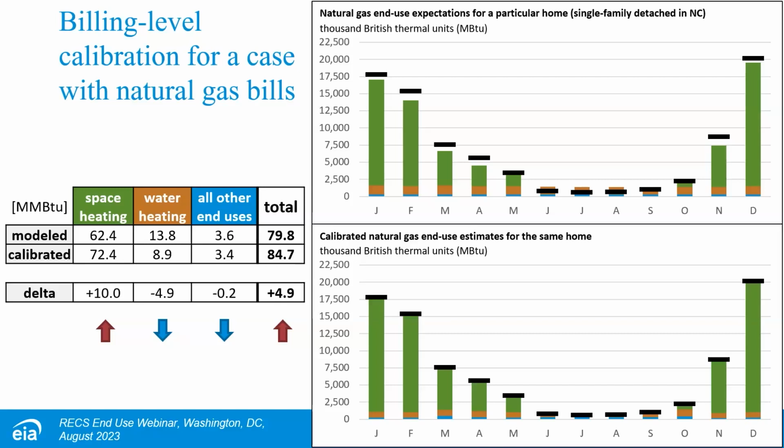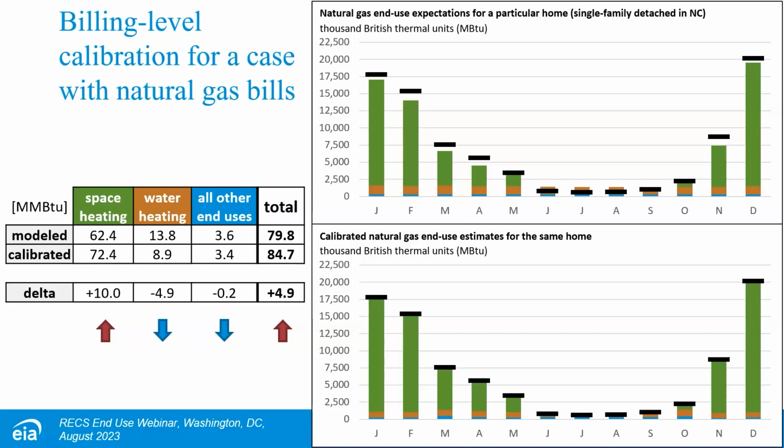On the right side of the slide, you're going to see two bar charts. They share the same axes. The x-axis is the months in 2020. The y-axis is the monthly total of natural gas in units of thousands of BTUs. The top chart shows the initial modeled expectation for each end use's consumption in each month.